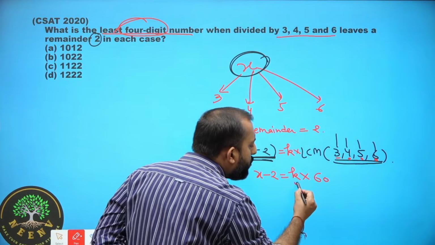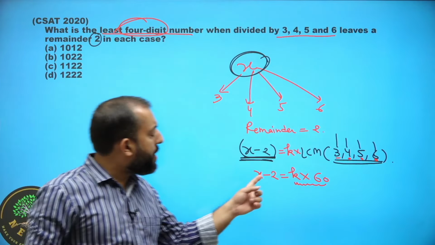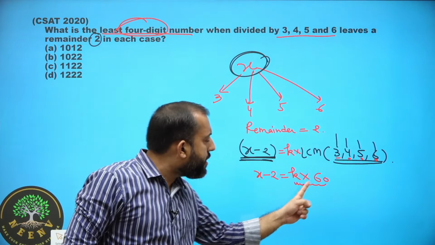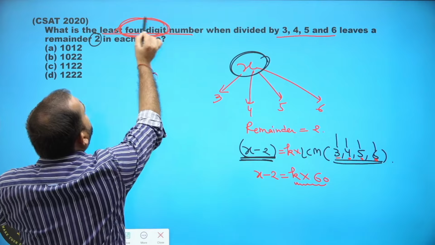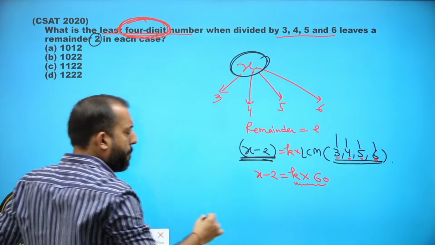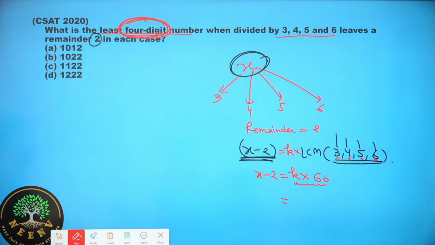Now I have to think of such a value of k that when I multiply that value with 60, my answer should be a 4-digit number, the least 4-digit number.